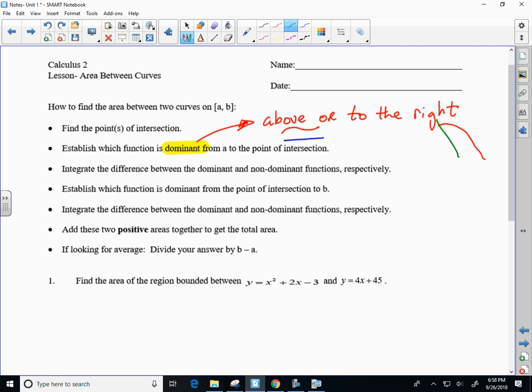So to the left of it. So we're calling these two the dominant ones because they're either physically above or to the right of another function.